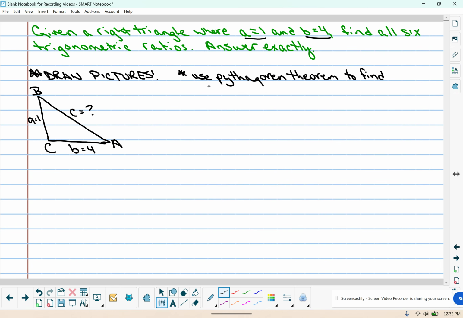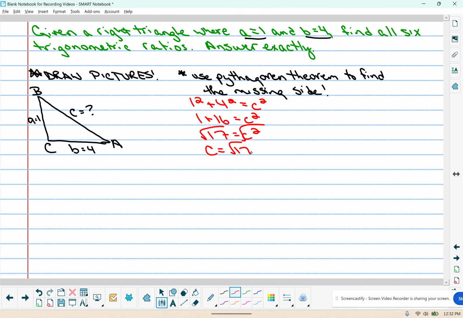It might not always be C. Okay, so here we're going to go A squared plus B squared. So 1 squared plus 4 squared equals C squared. So 1 plus 16 equals C squared, which is 17. And if I take the root of each of those, 17 is prime, so C equals the root of 17.